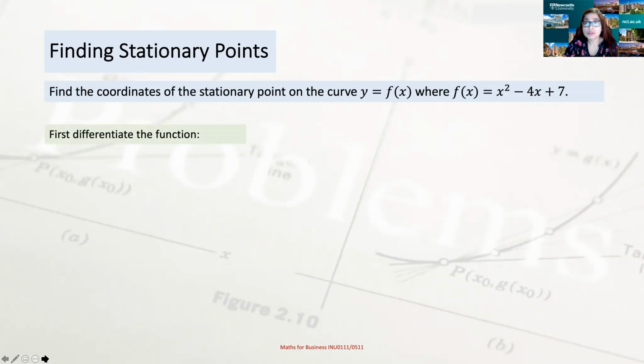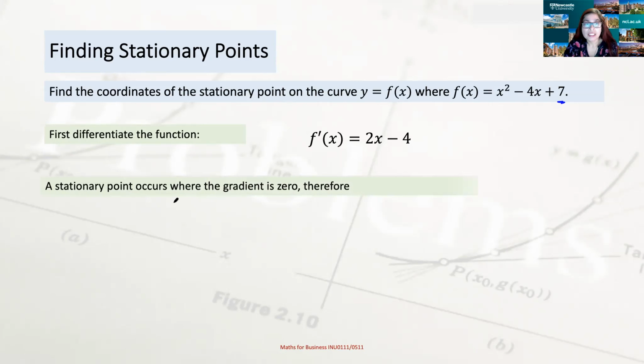So what do we do? First, differentiate the function. So you get 2x minus 4, and the differentiation of 7 is 0. Differentiation of a constant is 0, so there's nothing there. After you differentiate, you know that a stationary point is a point where the gradient is 0.